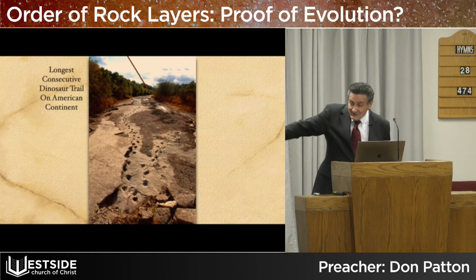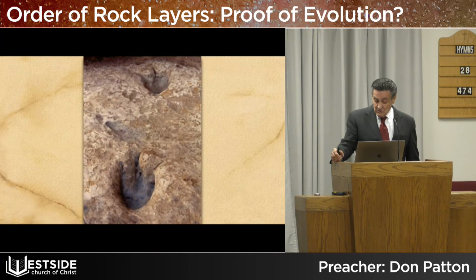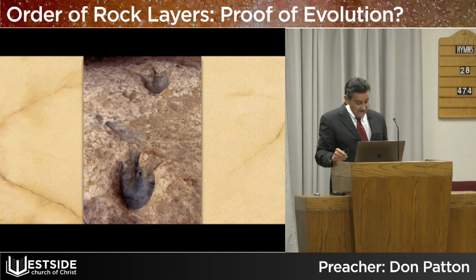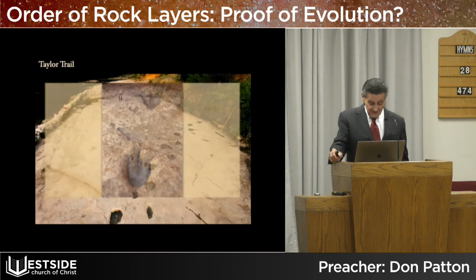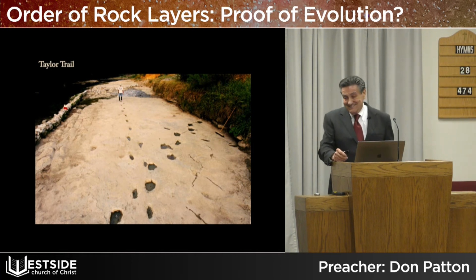He's pointing around the corner to the end of it. And some of the tracks are just some of the most spectacular dinosaur tracks anywhere, with the long claws at the end. We know what dinosaur tracks look like. We excavated the longest trail on the American continent. Well, you need more evidence.